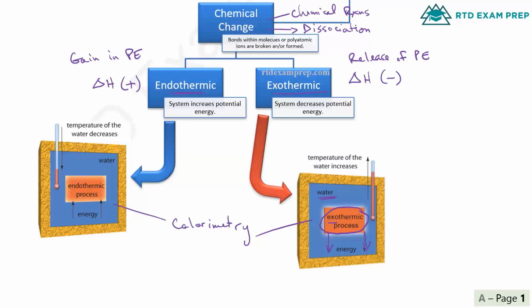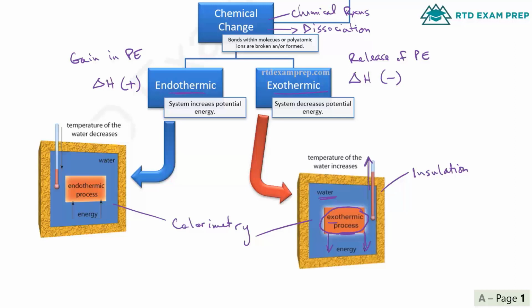In this case, it's water that serves as the surroundings of our chemical system, and because of the release of potential energy, there's a transfer of thermal energy to the water, and we see that the temperature of the water increases. Around this experiment, we have some insulation, and that keeps the energy transfer strictly between the chemical system and the water that surrounds it.